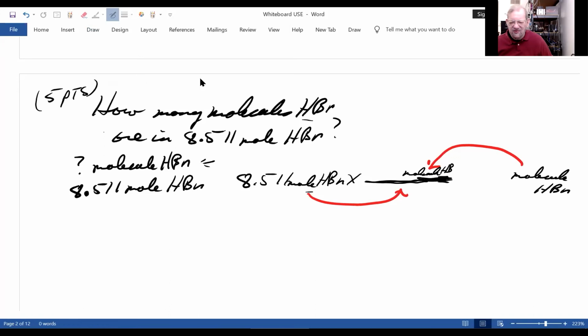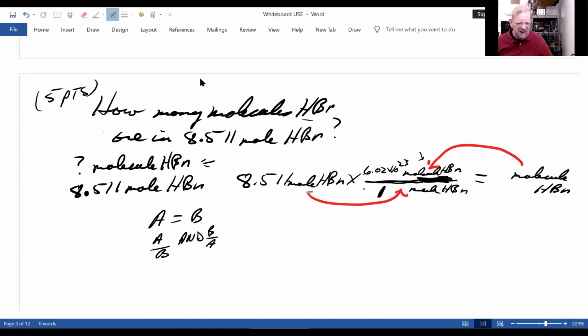And where do you get these two numbers? 1 mole of a compound equals Avogadro's number of molecules of that. Remember, when you have A equals B, there are 2 ratios you can always have, A over B, and a second ratio, B over A.